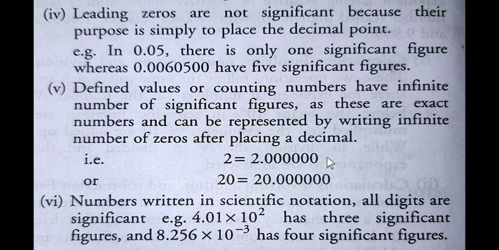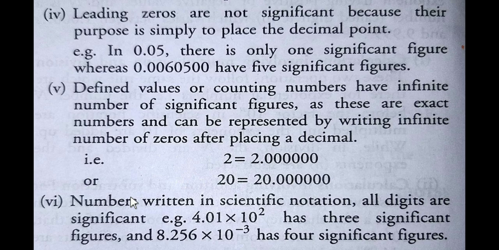Okay. So 2 has an infinite number of significant figures. Similarly 20 can be written as 20.000, therefore it also has an infinite number of significant figures. All these zeros are significant because they are placed after the decimal point.